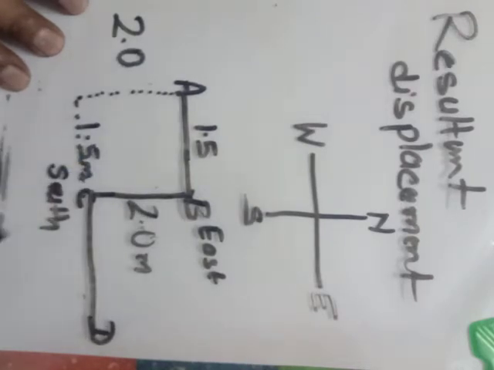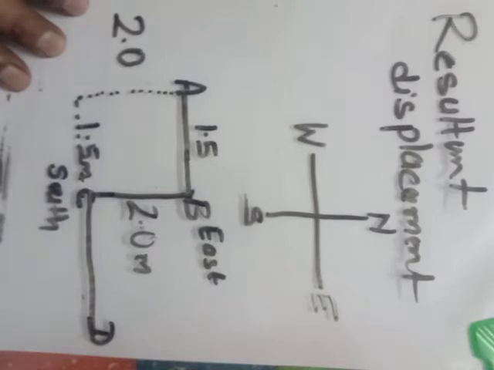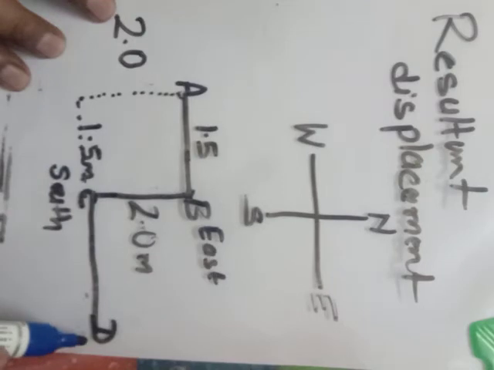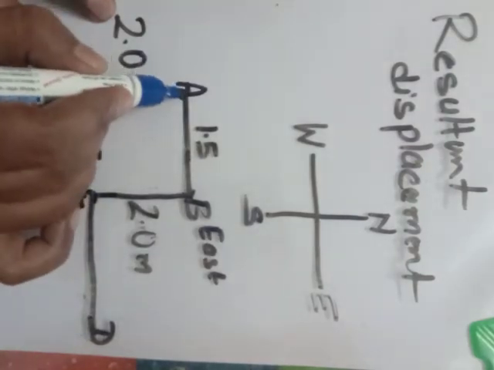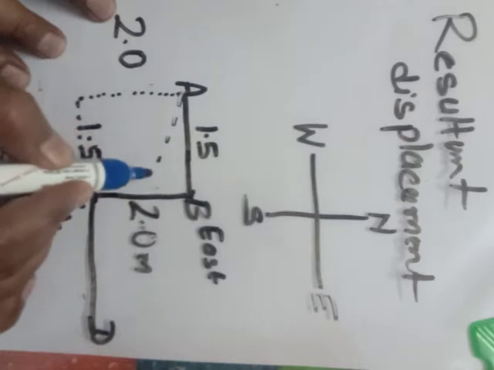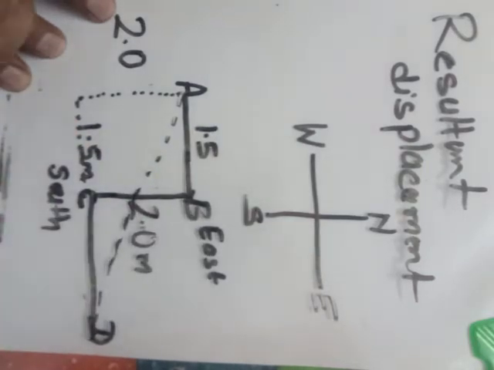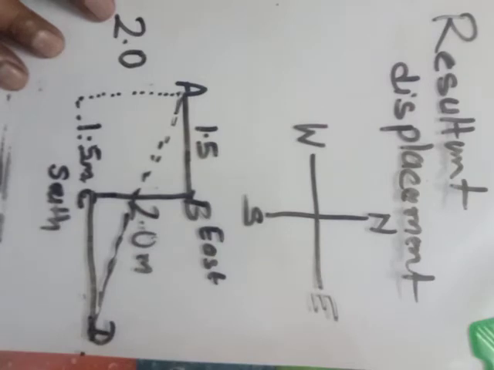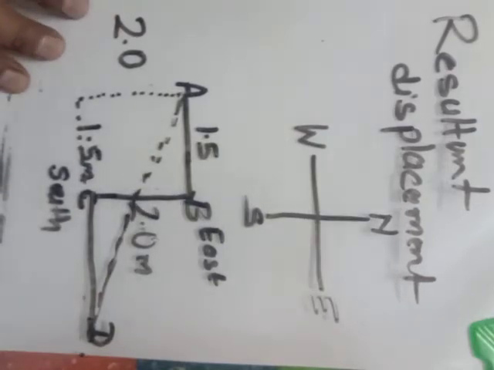As I told you in the previous lecture, displacement is in a straight line, so the initial point is A and the final point is D. This dotted line indicates the resultant. This resultant is calculated by the vector addition formula.